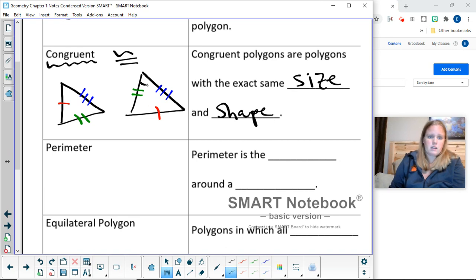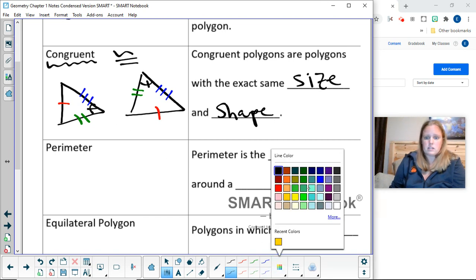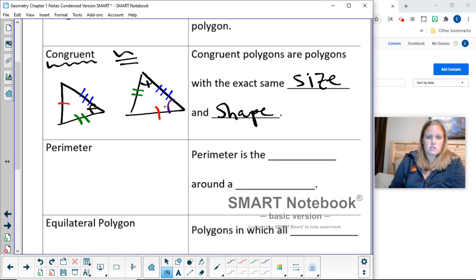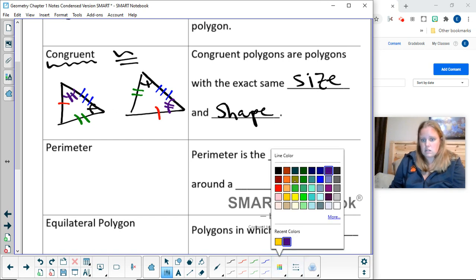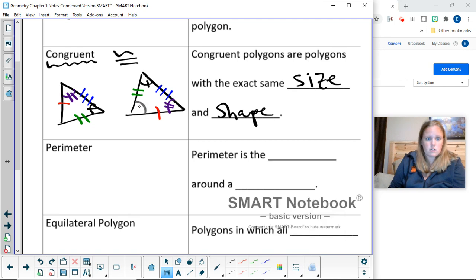And that must mean that this corner here is the same as this corner if I were to measure it. This corner over here is the same as this one. And this corner down here, same as this corner here.